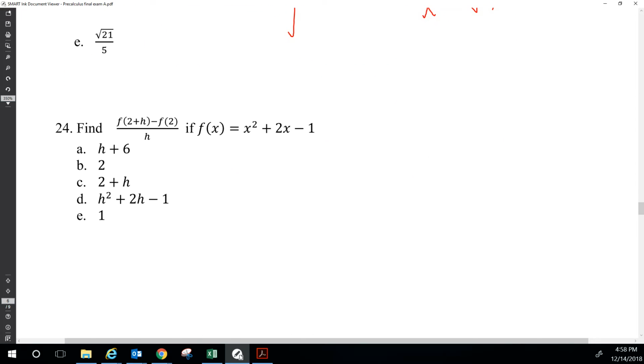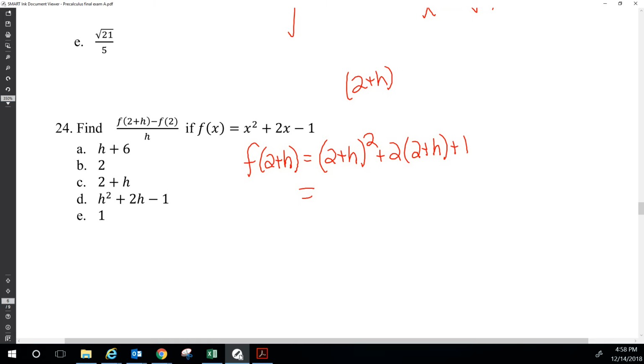24. First I'm going to find f of 2 plus h, which means everywhere I see x in this equation, I'm going to put 2 plus h. And then I'm going to go ahead and multiply this out, see what we've got. So 2 plus h times 2 plus h would be 2 plus h squared. 2 times 2 is 4. 2h plus 2h is 4h.